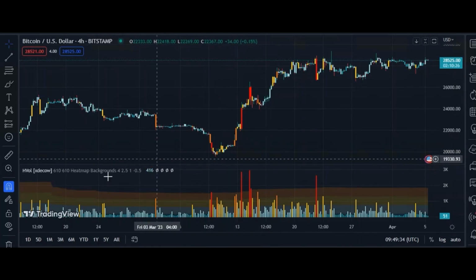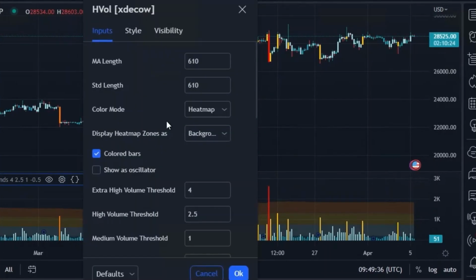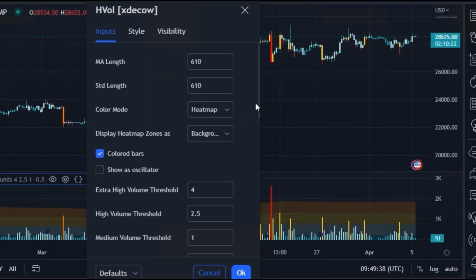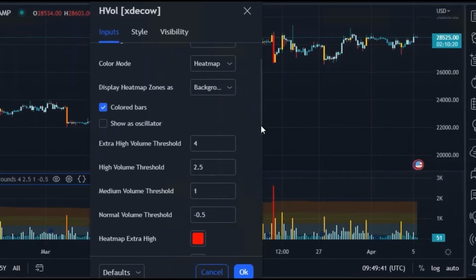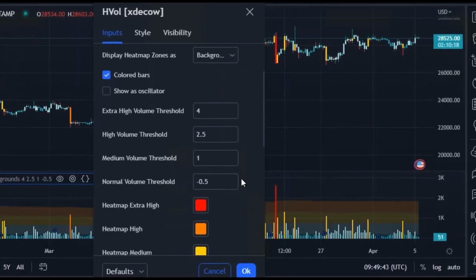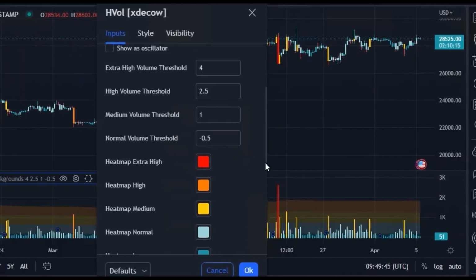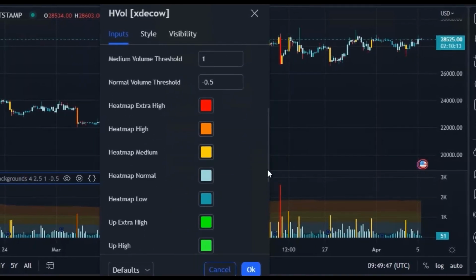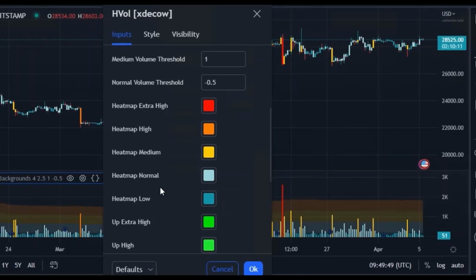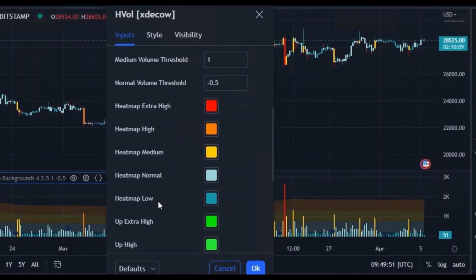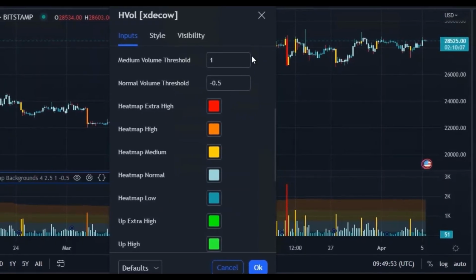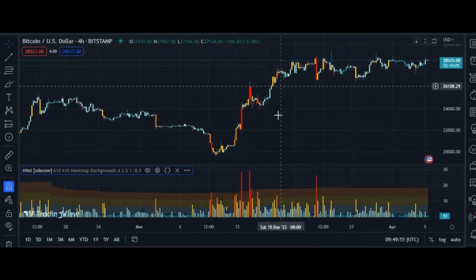Here we see extra high, high, medium and normal thresholds for volume that can be changed, and related colors that you can see here from extra high to low. Now we can easily check our entry points with the colors of candles, which mean market volume.